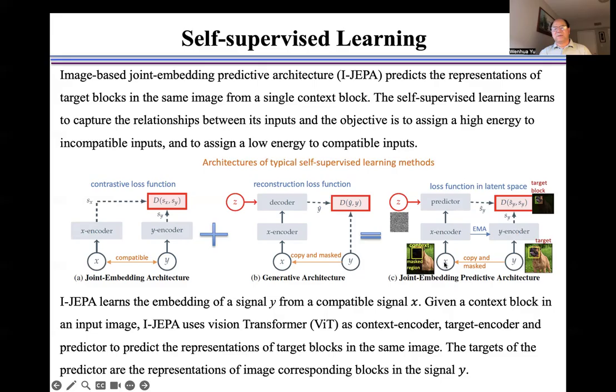This is image X, this is image Y. We copy and mark some of the areas. This is the context encoder, this the target encoder, and this the predictor. The targets of the predictor are the representations of image blocks corresponding to the signal Y.